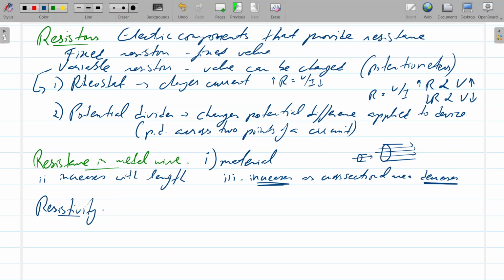It shows that resistance is directly proportional to the length of the wire or of the material.